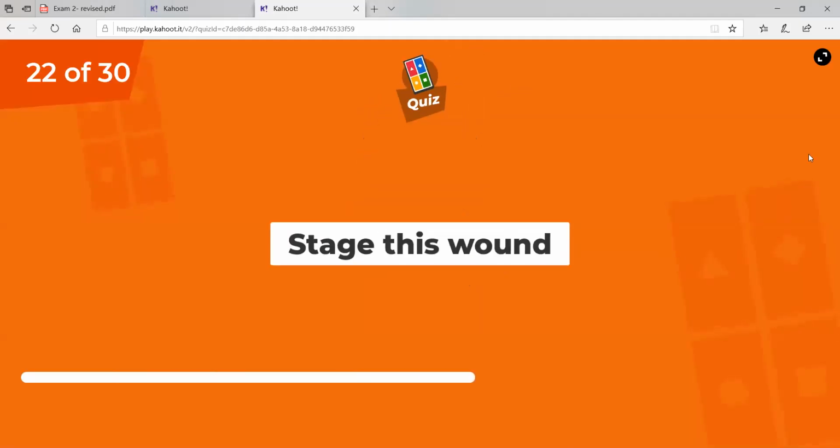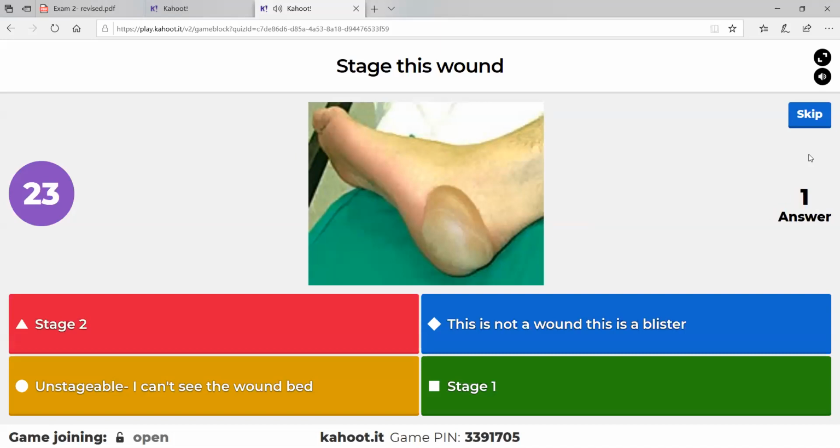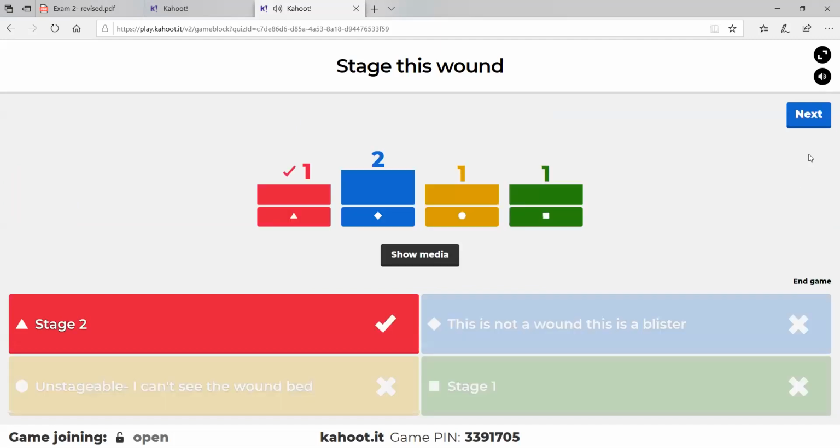Okay, here's another one for you to stage. Well, this is stage 2.